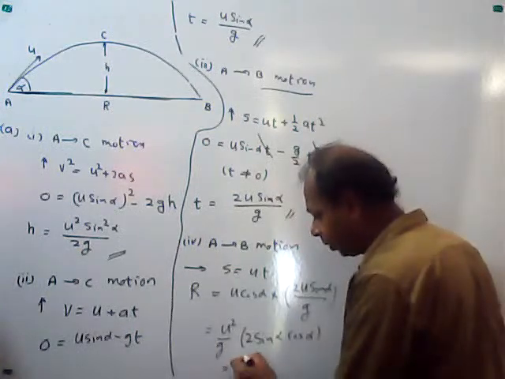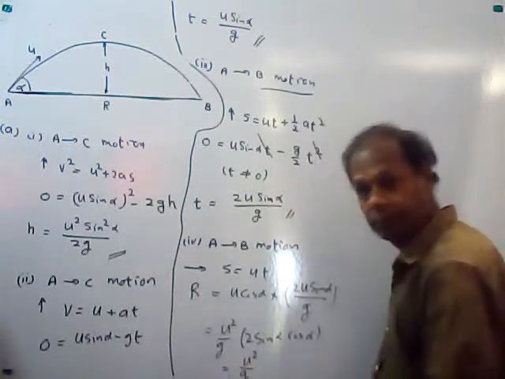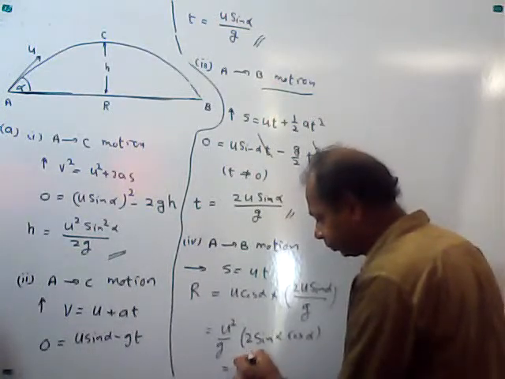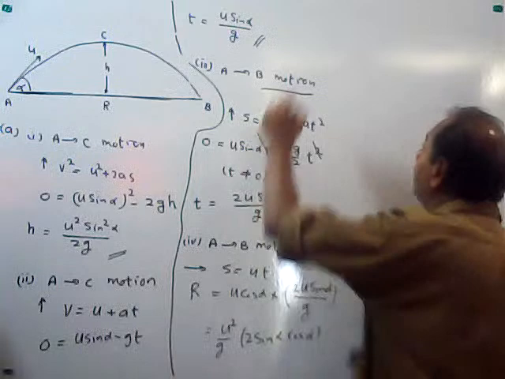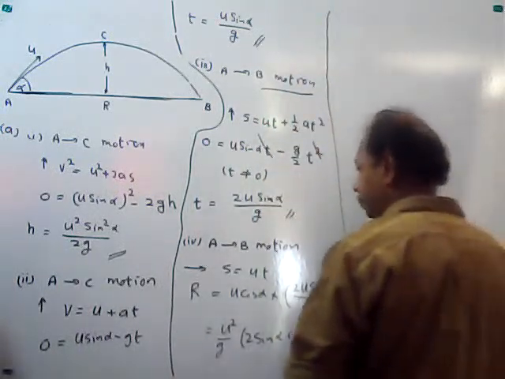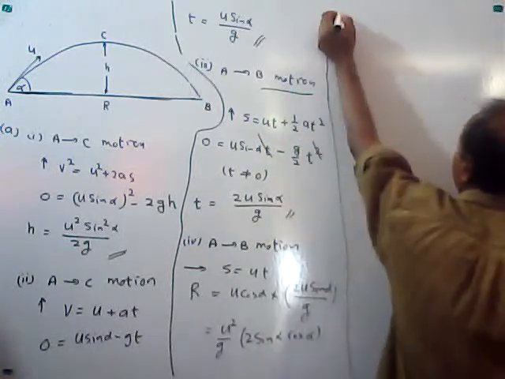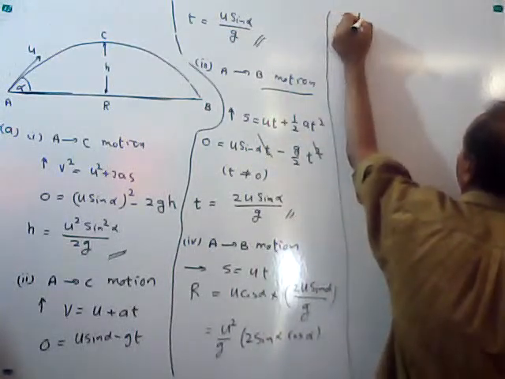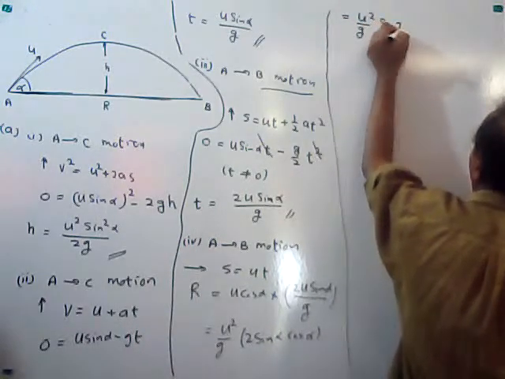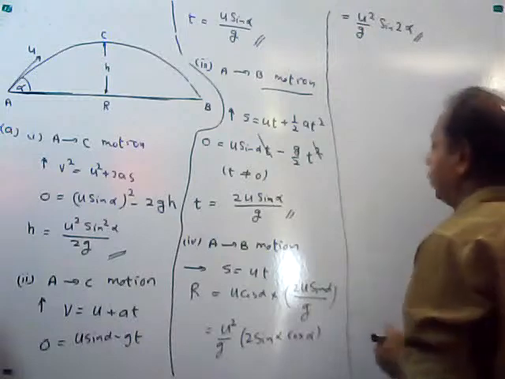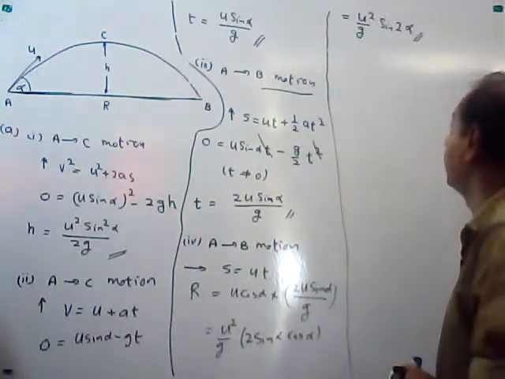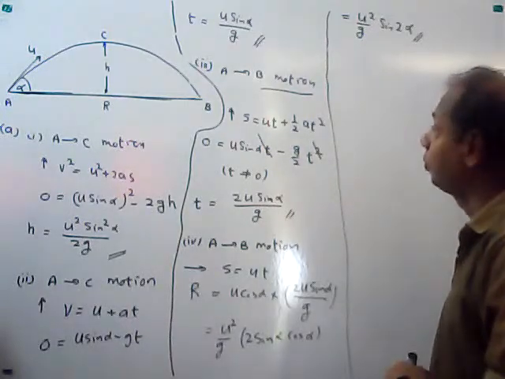This can be replaced by sin 2 alpha. So R is u squared over g sin 2 alpha. That's part 4.